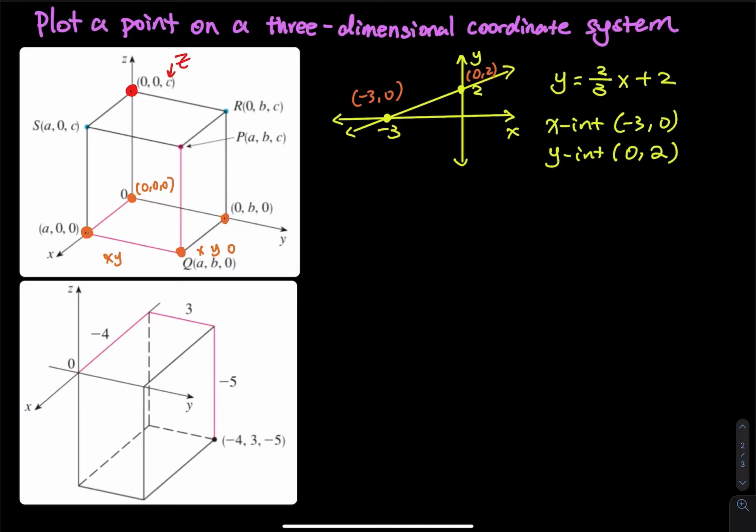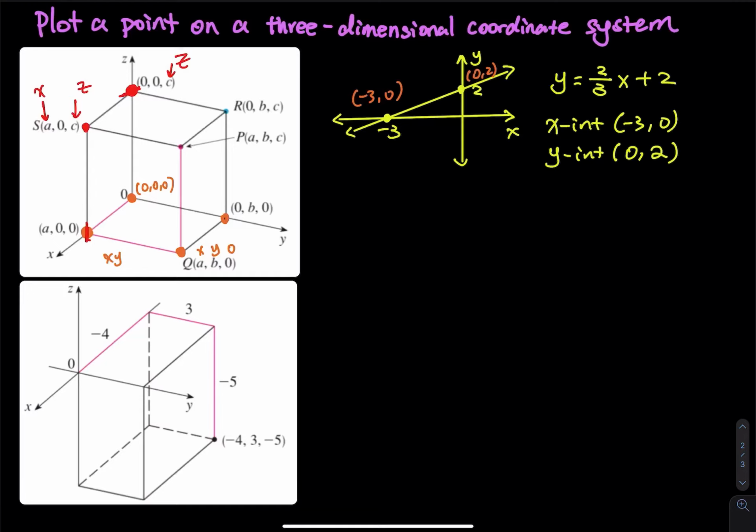The next point that I want to look at is this point. We have the x coordinate equal to a, the z coordinate equal to c, and y equal to 0. This a corresponds to this x value right here, and the z corresponds to that value right here because you lift up that point from the xy plane, and y is equal to 0.